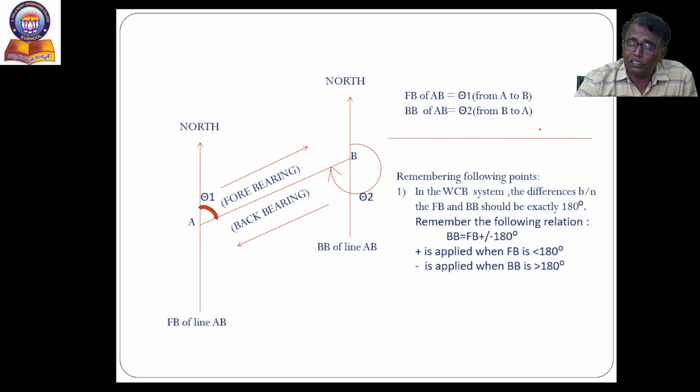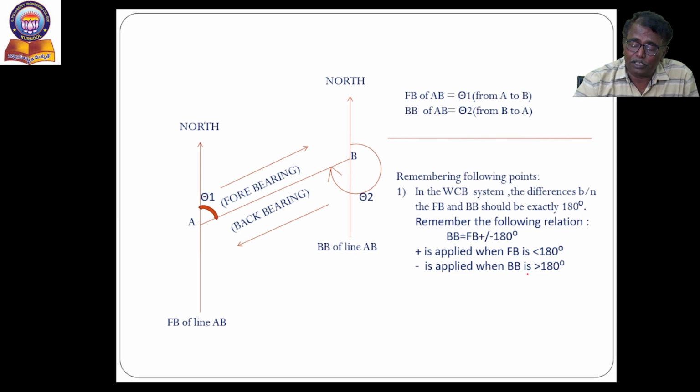While taking this, the following points should be remembered. In the whole circle bearing system, the difference between the fore bearing and back bearing should be exactly 180 degrees. Remember the following relation: back bearing equals fore bearing plus or minus 180 degrees. The plus sign is applied when the fore bearing is less than 180 degrees.